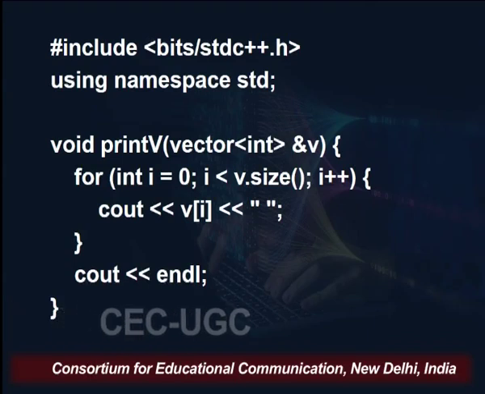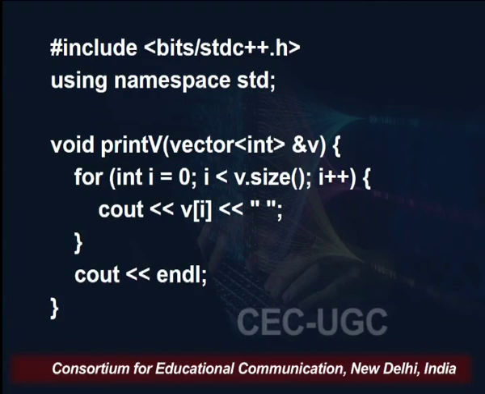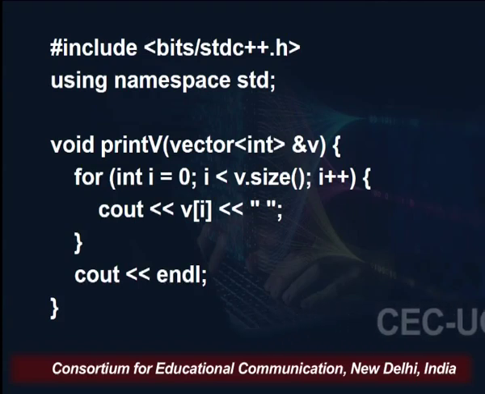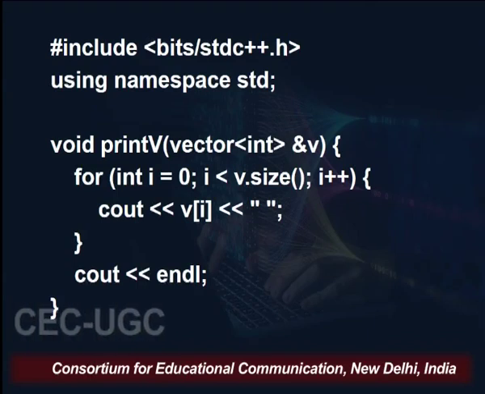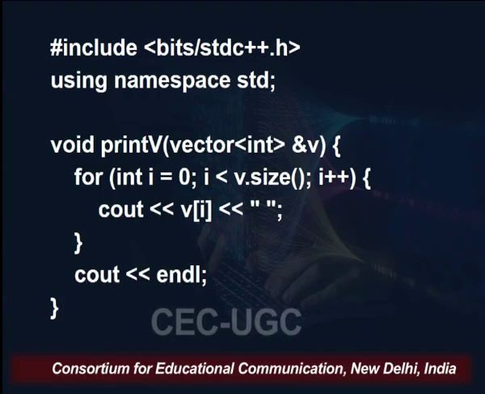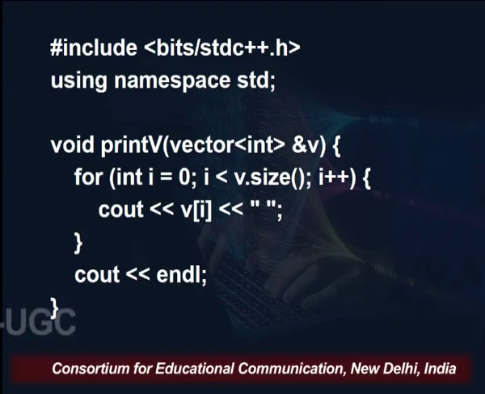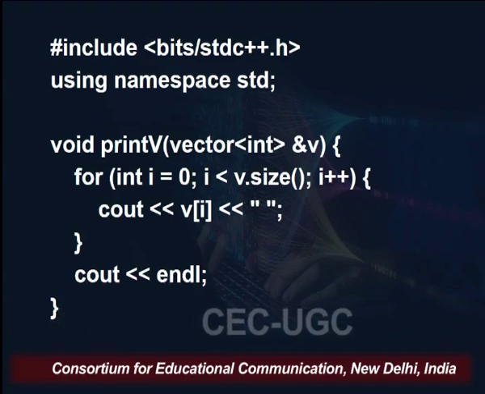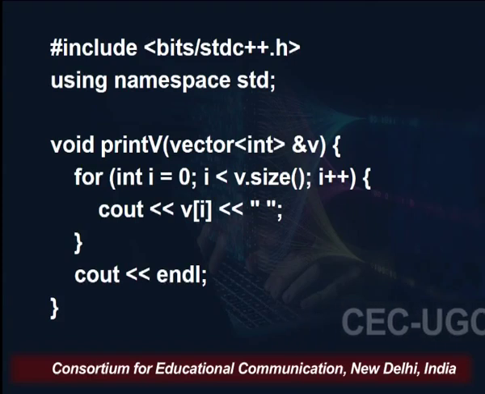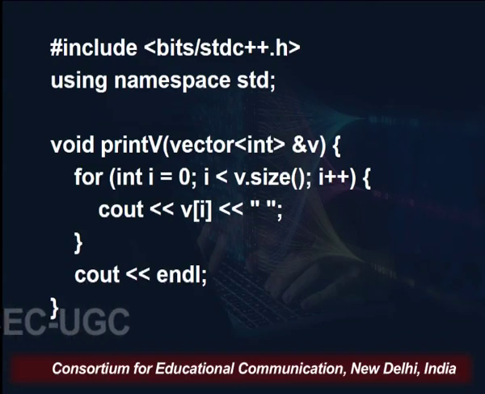Then using namespace std, you are already aware of what this is, but before going into our main function, we have written a print function. If you look at this print function in detail, it accesses the elements of the vector one by one and prints all those elements.